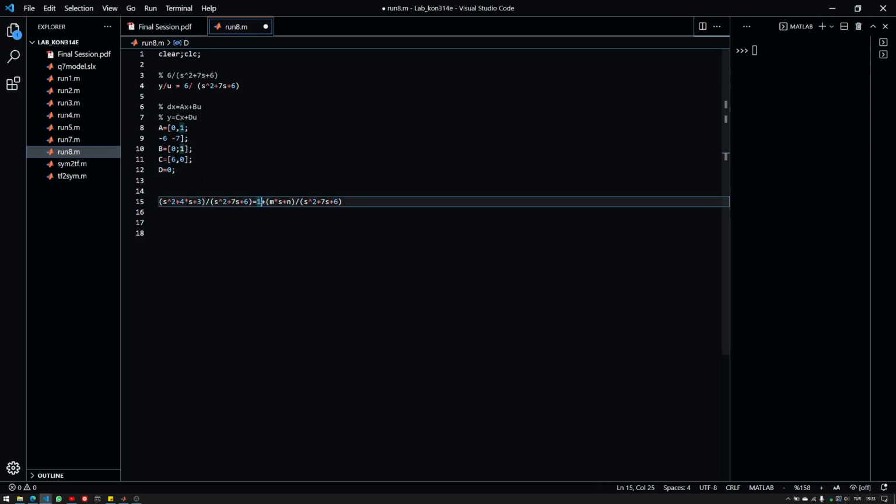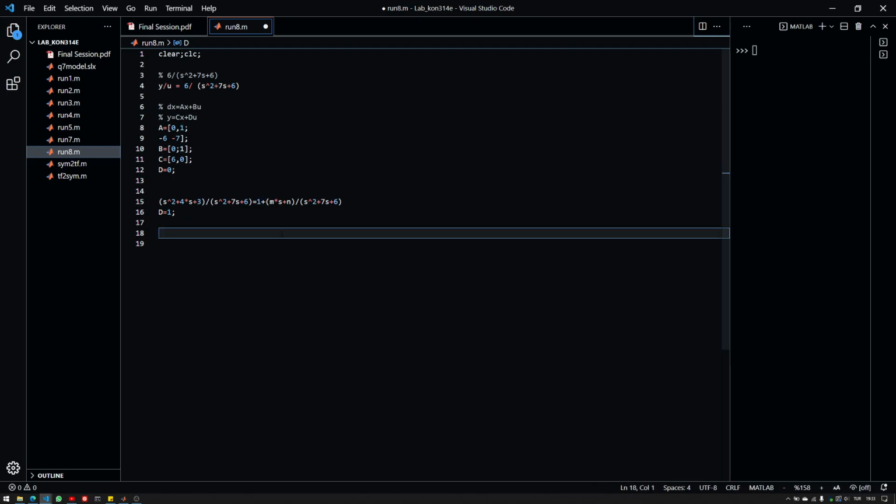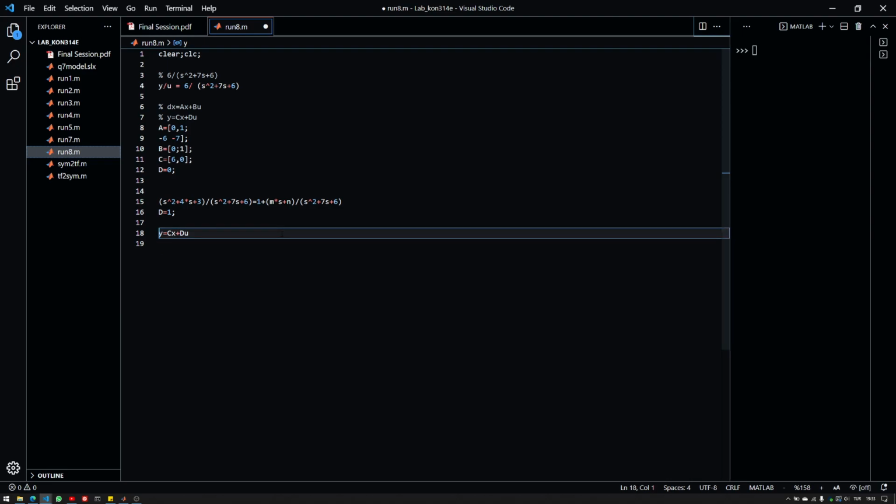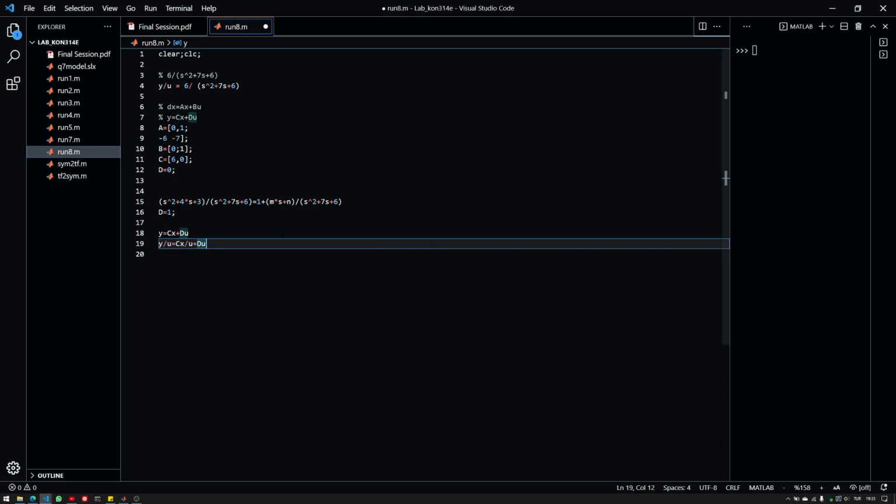Obviously, this part here will be D. So D would be equal to 1 in this case, if it's biproper, because the direct coupling is equal to 1. So here we can see that dividing by u gives us C times x divided by u, plus D. So if there's a constant term between y and u, then that's D.